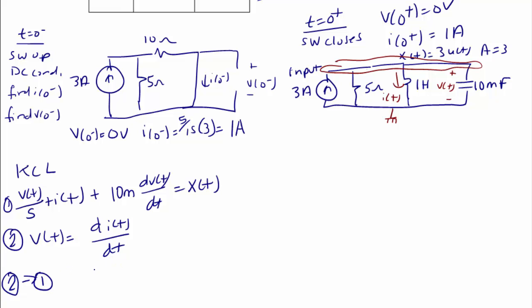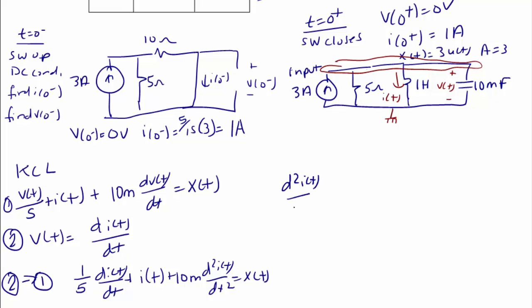Next, we're going to substitute equation 2 into equation 1, and this yields 1/5 di of t dt plus I of t plus 10 milli, the second derivative of I of t, which equals x of t. Now we'll rearrange this equation by using algebra and get the second derivative of the current with respect to time, plus 20 di of t dt, plus 100 I of t equals 100 x of t.